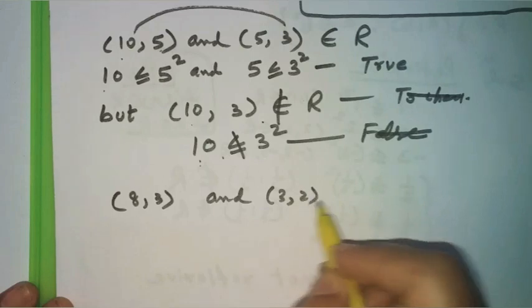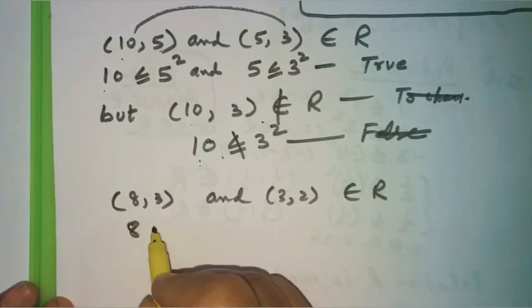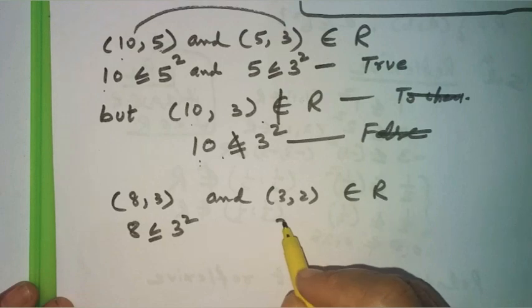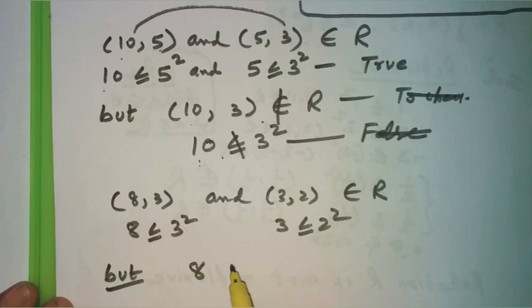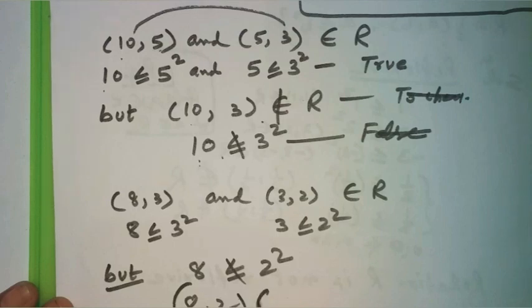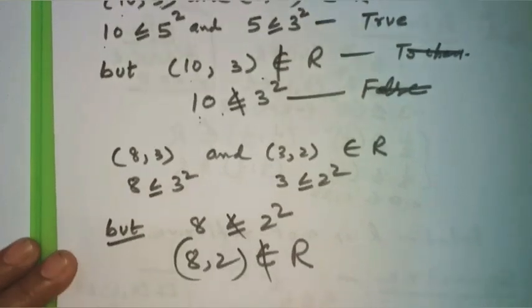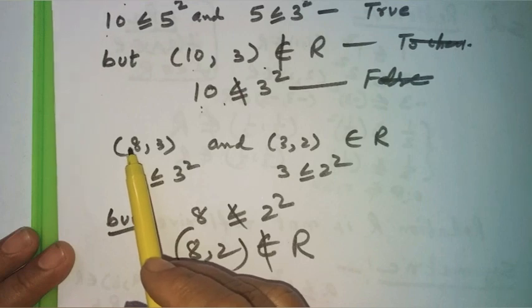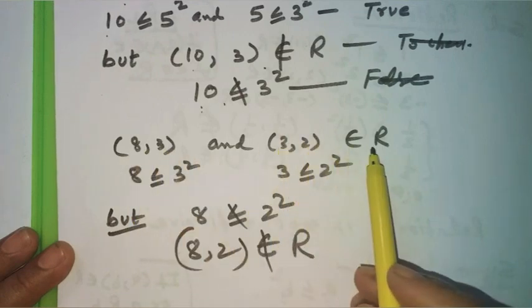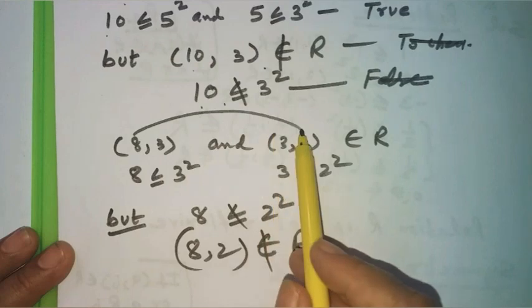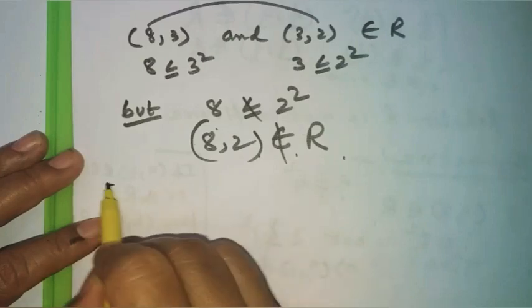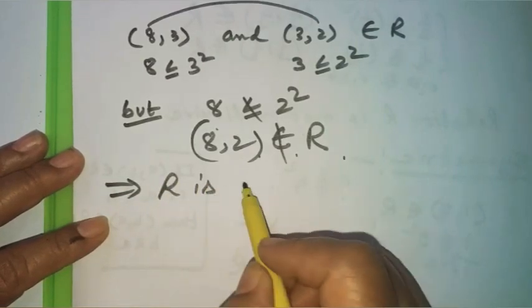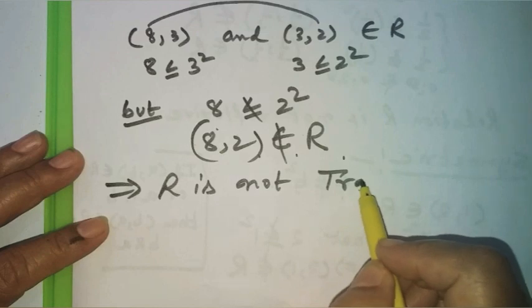Both of them belong to R because 8 is less than or equal to 3 squared and 3 is less than or equal to 2 squared, but 8 is not less than or equal to 2 squared, and therefore (8, 2) does not belong to R. So we have given a second example where two ordered pairs (8, 3) and (3, 2) belong to the relation R, but the transitive ordered pair (8, 2) does not belong to R. And what does it mean? This implies that the relation R is not transitive.